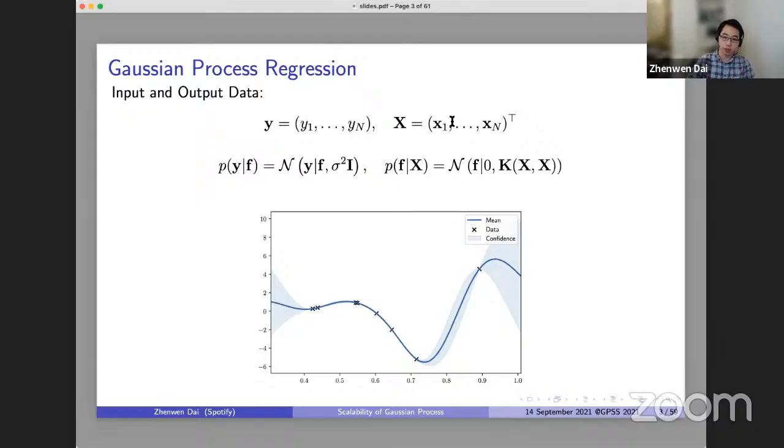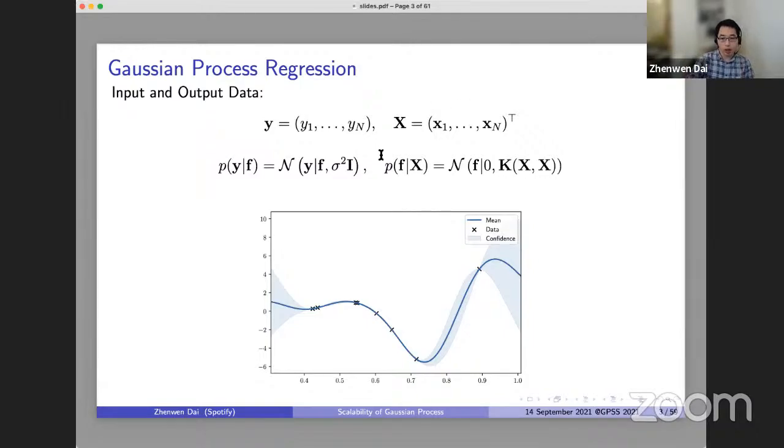We denote the inputs as x1 to xN, and because each of them is normally a vector, we stack them together to form a matrix with N rows. Usually we denote the input dimensionality as Q, so it's an N by Q matrix.